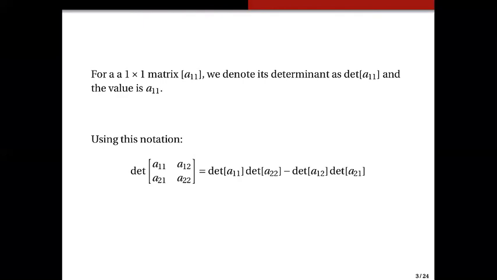So observe, if we replace these as a, b, c, d, then this is simply a, this is d, minus you have here b, and then this is your c. So this still follows the formula that we know for 2 by 2 matrices.